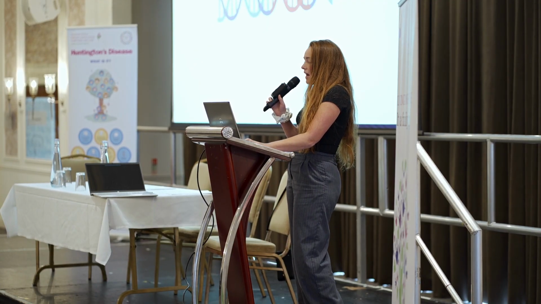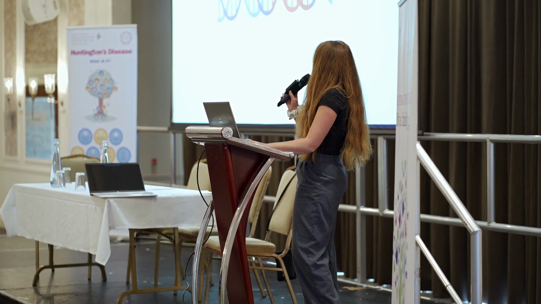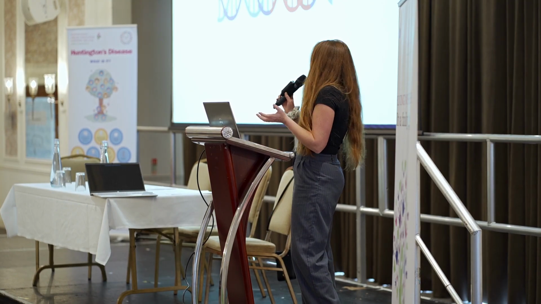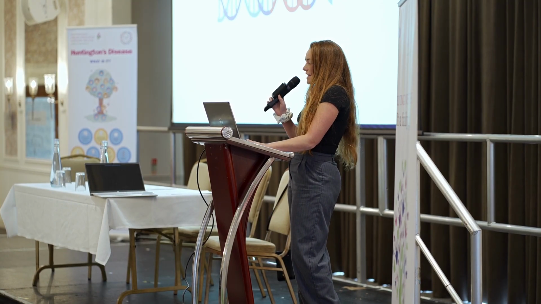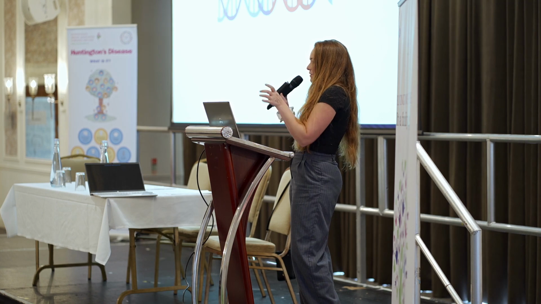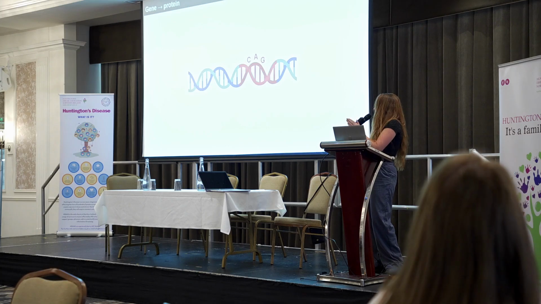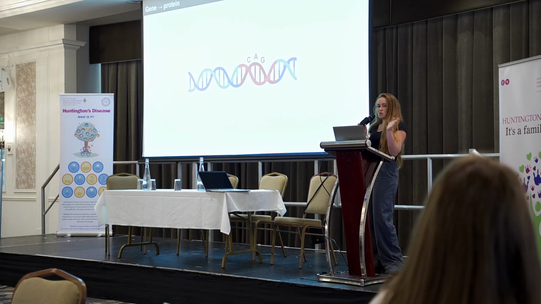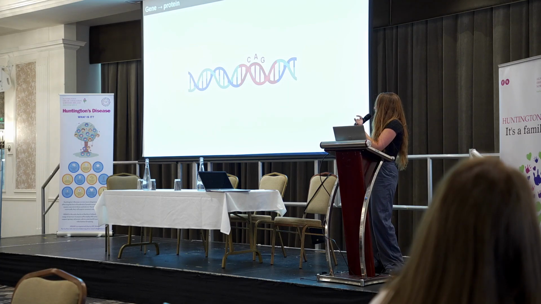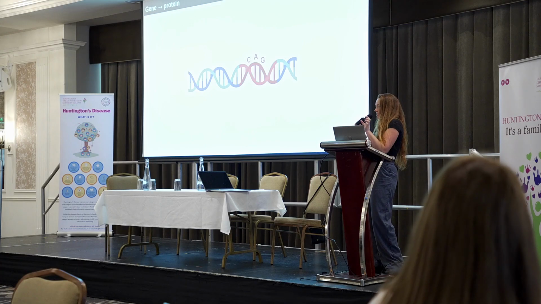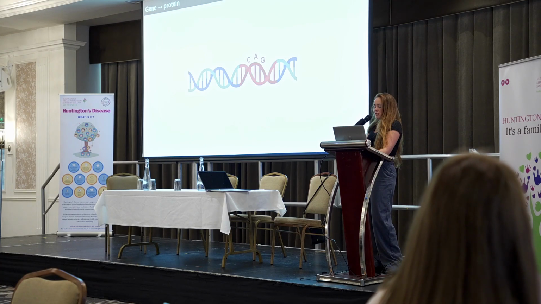So in the Huntington gene, or HTT, there's a section of DNA where the sequence CAG, which is the code in the DNA, is repeated multiple times. Each of these CAGs is called a codon, and codes for an amino acid called glutamine in the resulting protein.